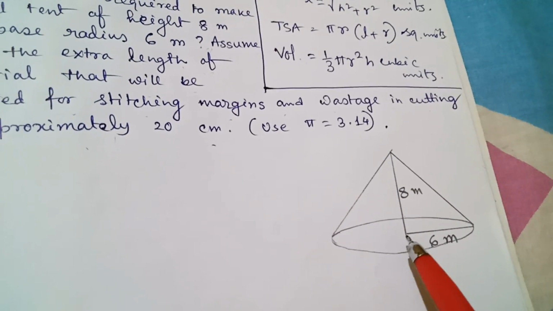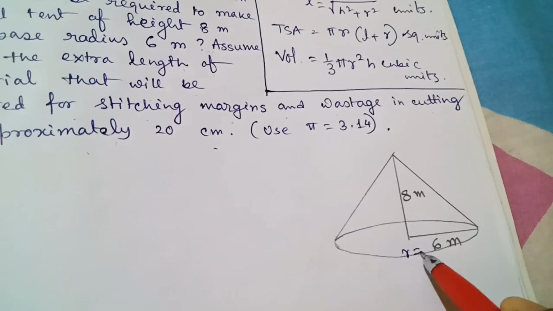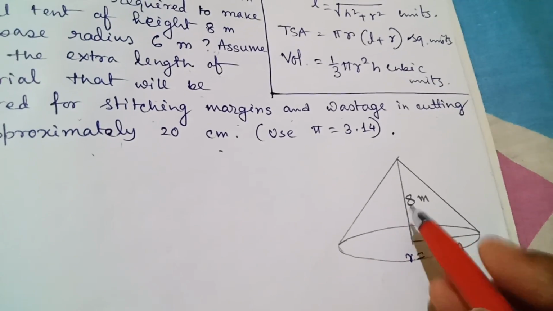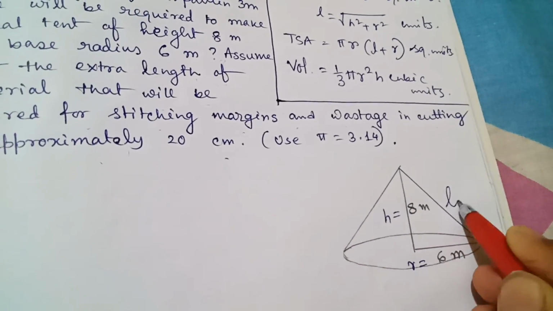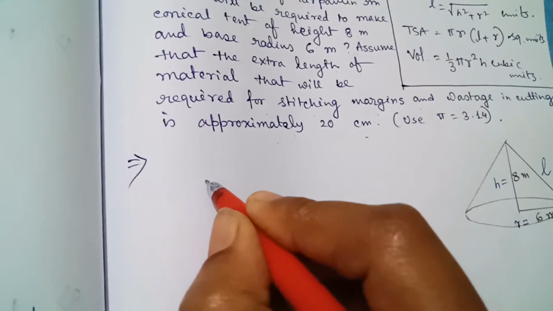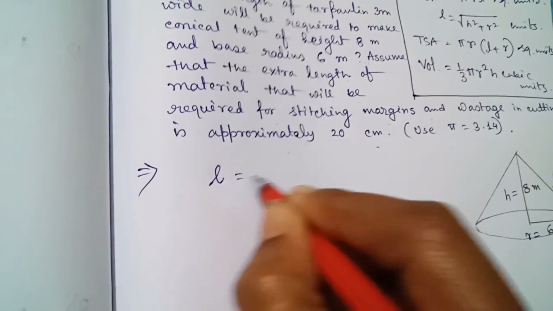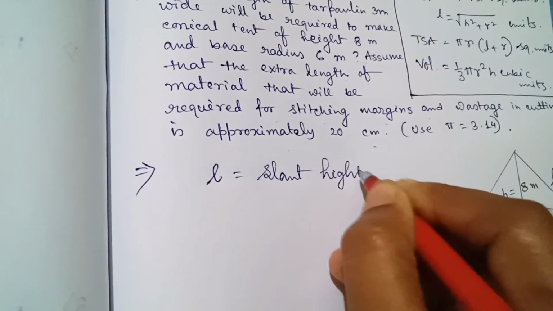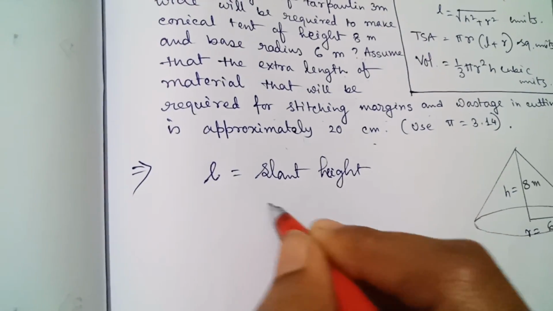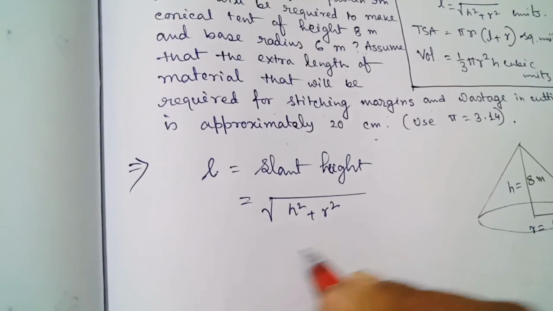Now the base radius is given as 6 meter, so r is 6. 8 meter is the height, so h is 8. We need to find L, the slant height of the cone. The formula is L equals root over h square plus r square.